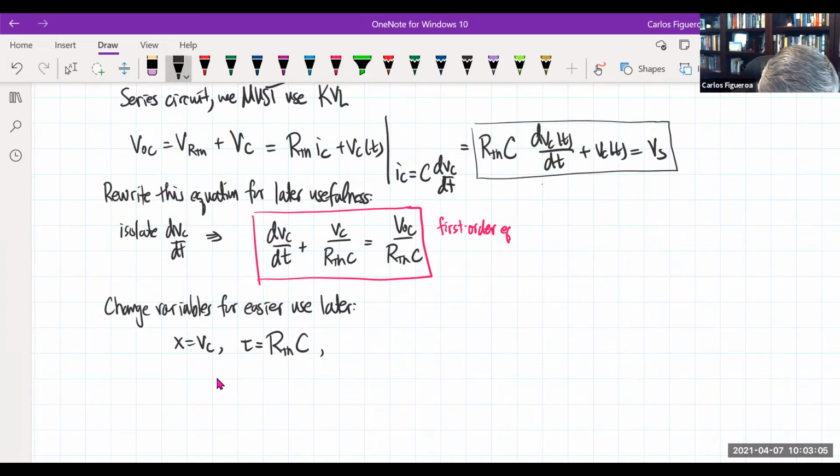And because I have a constant source, the right-hand side, I'll label as K. I could label it anything I want. You could see here that that's going to be VOC divided by RTH. So I have these three constants.